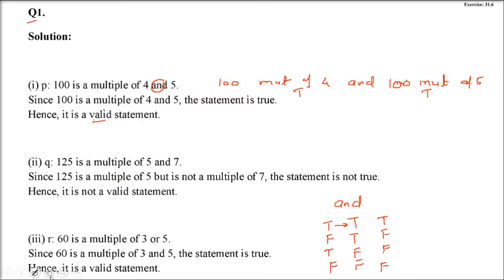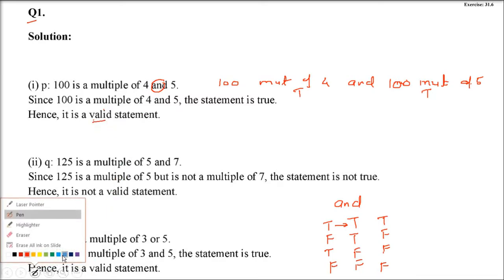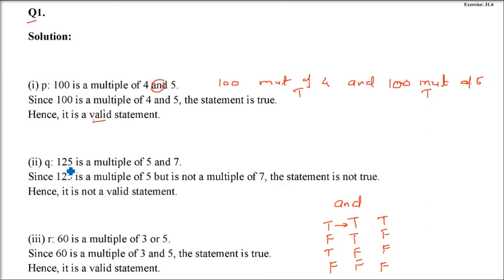Second one, 125 is a multiple of 5 and 7. This is the second part of this question. We can write again like this: 125 is a multiple of 5 and 125 is a multiple of 7.